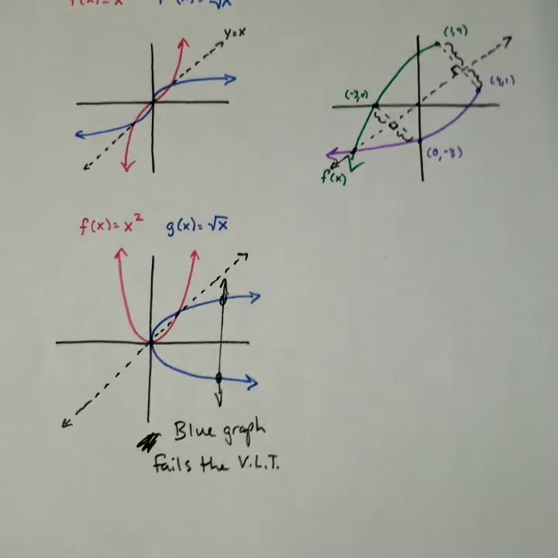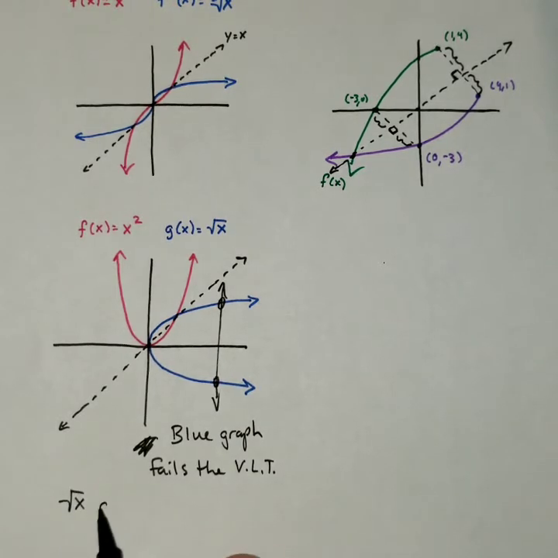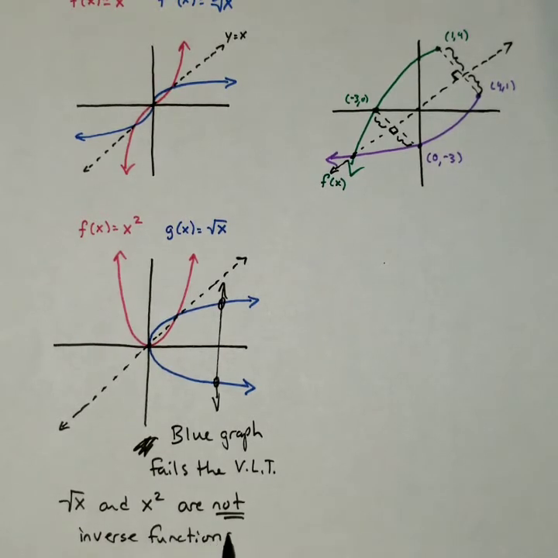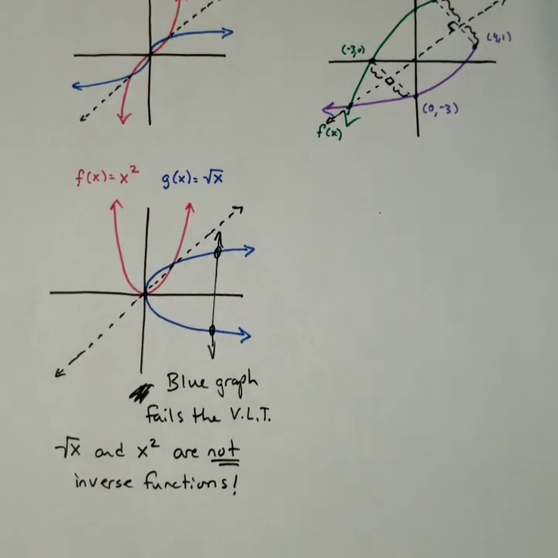You guys all know VLT is my abbreviation for vertical line test. So the blue graph fails the vertical line test. So it's not actually a function at all. So that means that the square root of x and x squared are not inverse functions. They're actually not inverse functions.